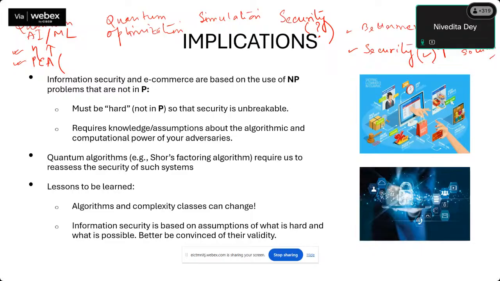So in these kinds of problems, where we want an unbiased solution or an efficient solution, we mostly talk about this particular field called quantum AI ML.